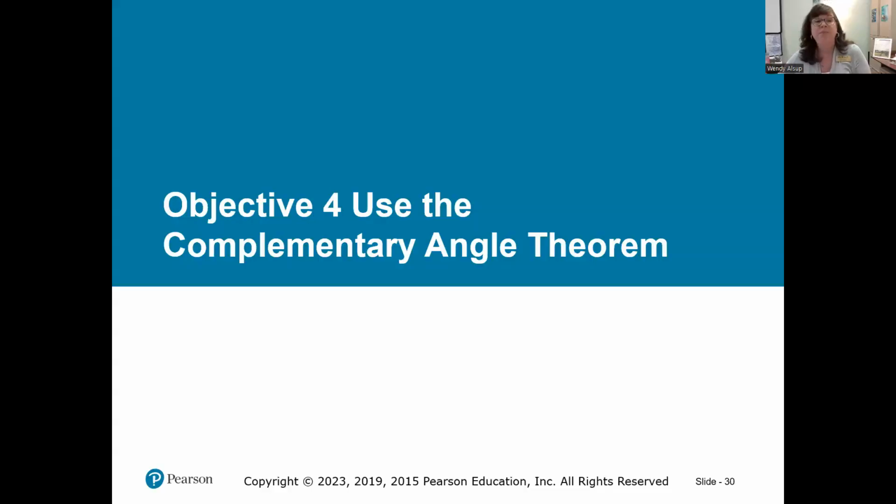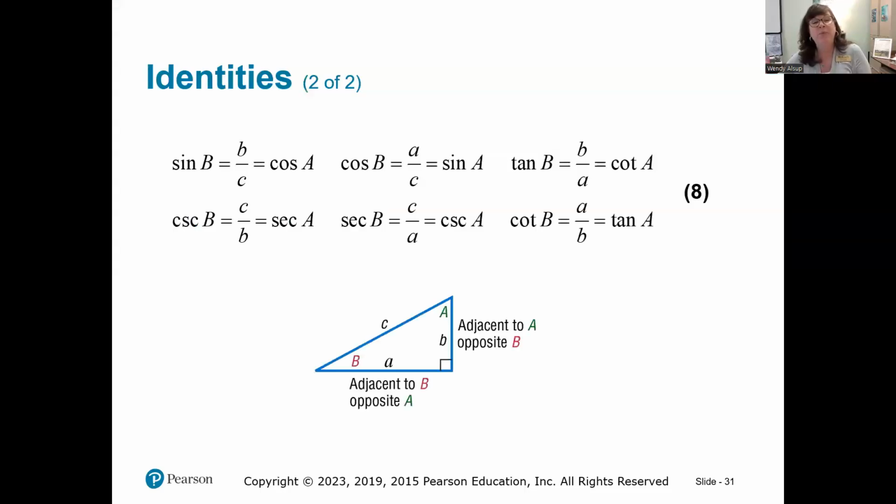All right, last but not least here in 5.2, complementary angle theorem. Because we are in a right triangle, these two angles, theta and whatever the other one is, 90 minus theta is what it's basically going to be.